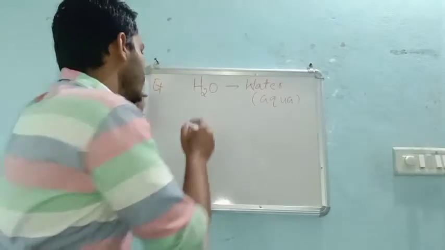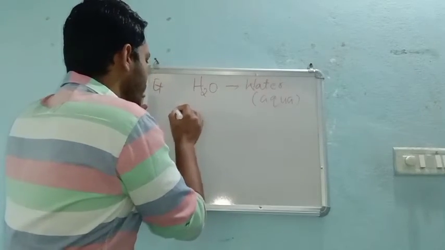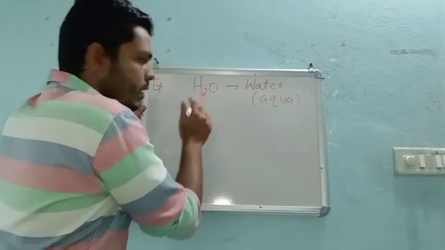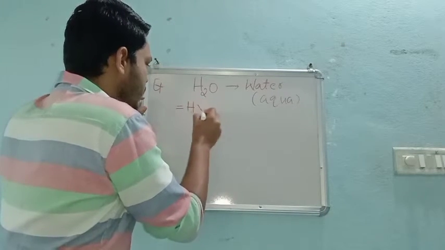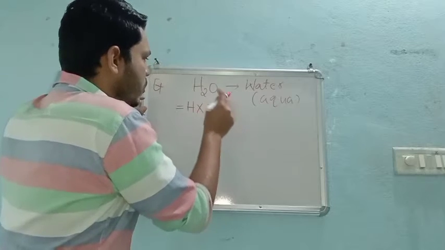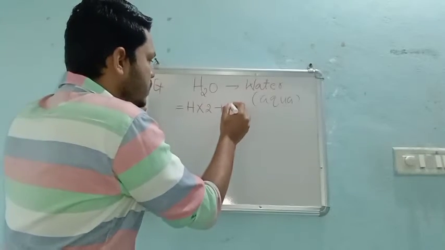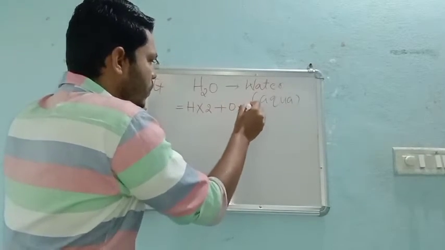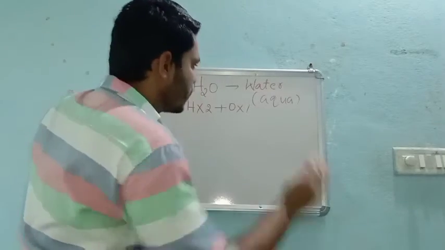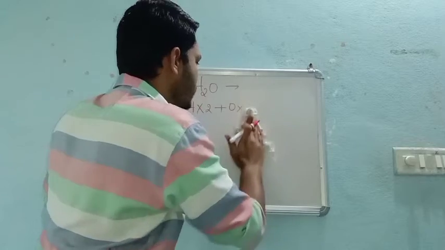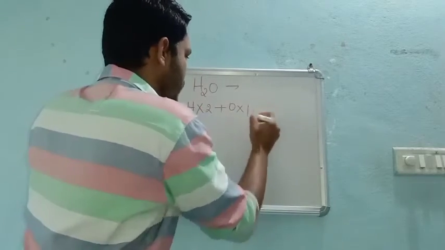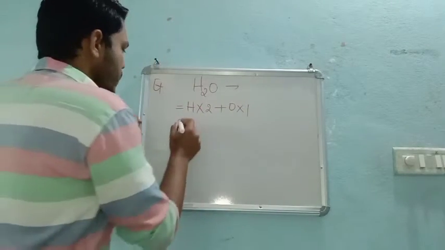You check it out. So there are two elements. Among those two elements, hydrogens are two, plus how many oxygen? One oxygen. O into one. O into one. So why? Because the oxygen is only one here. So that's why 1.